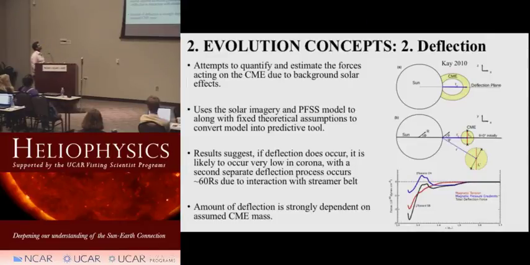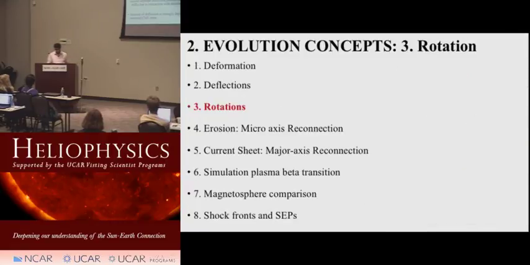It's trying to convert using the PFSS model, this basic background solar wind, background coronal model of the sun, and get a handle on how that's affecting where the CME should propagate. They want to use this as a predictive tool, because if you know where coronal holes are, and you have some sort of theoretical relationship of where the CME is, you might have a handle on how much it should deflect.